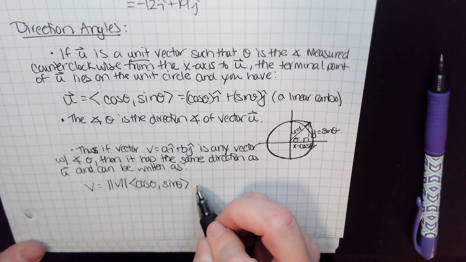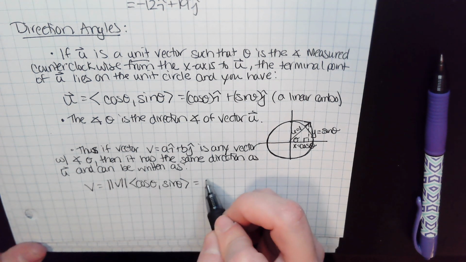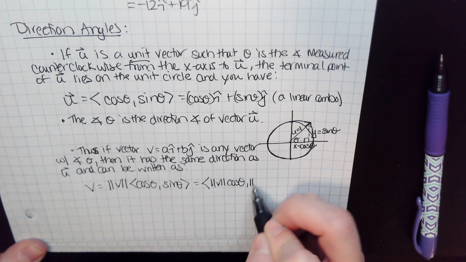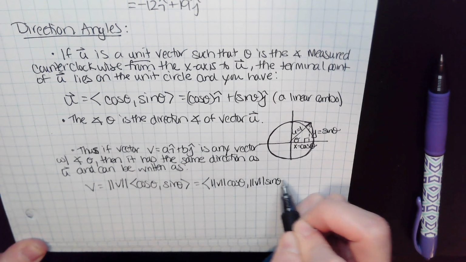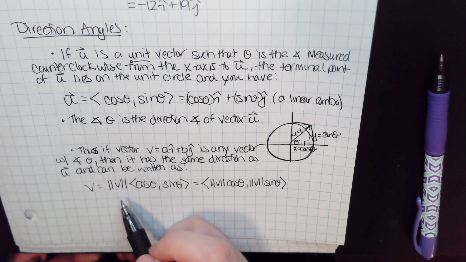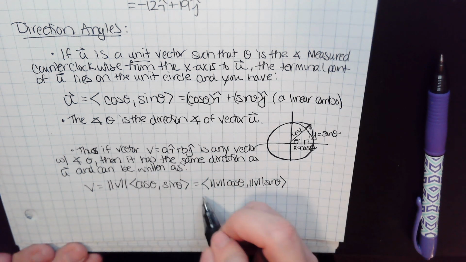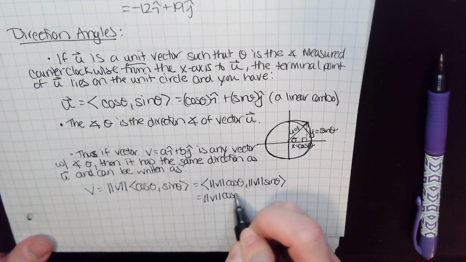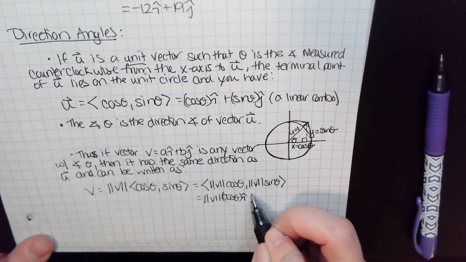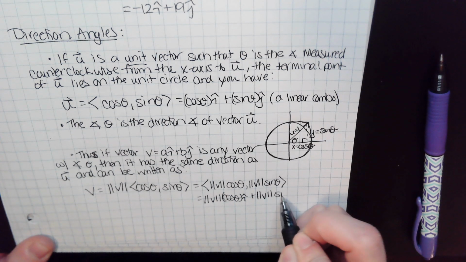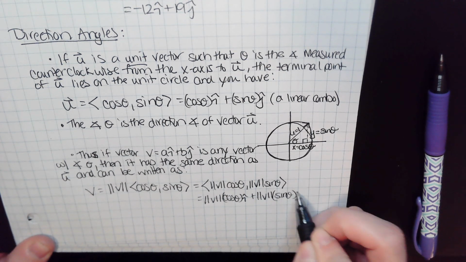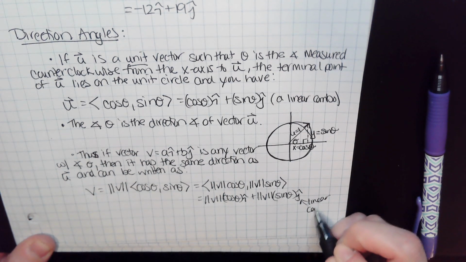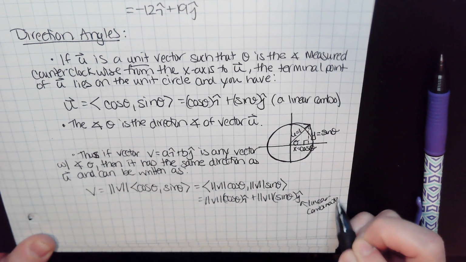That's in component form. So that's also the same thing as taking your magnitude times the cosine theta, magnitude times the sine of theta, because the magnitude of v is just a scalar quantity, so you could distribute it in, which is also the same as the magnitude times cosine theta i plus the magnitude of v times sine theta j. So that would be as a linear combination using your i and your j with addition.